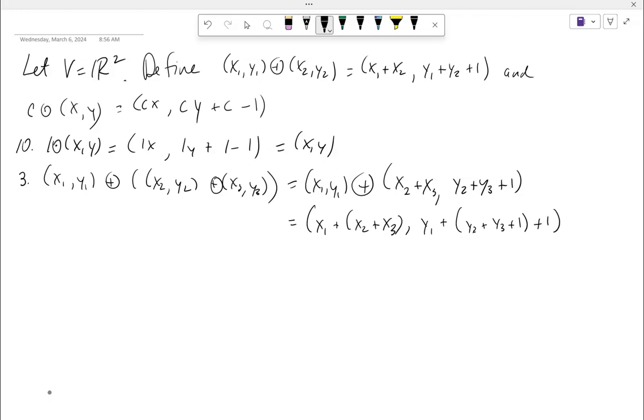Another plus 1, right? Remember the way it's defined, we define regular old addition in the first component, but in the second component, you add the two and then stick an extra plus 1 on the end, right? We agree? Okay. If we do the other way around, what do we end up with?